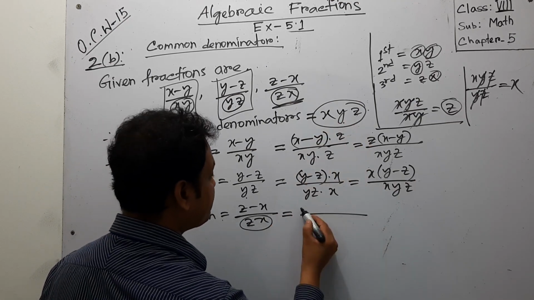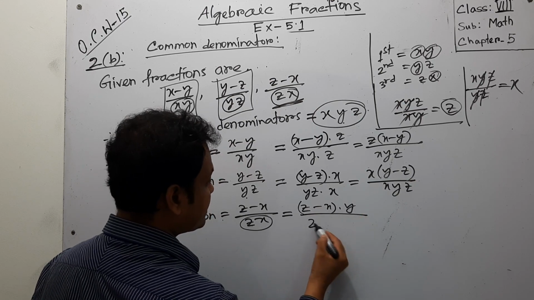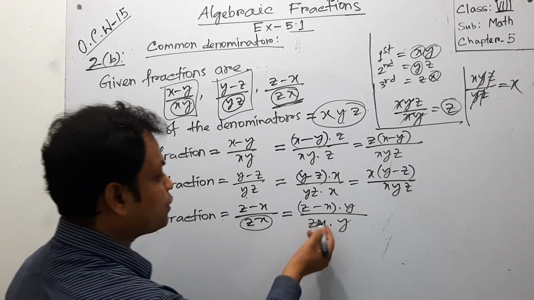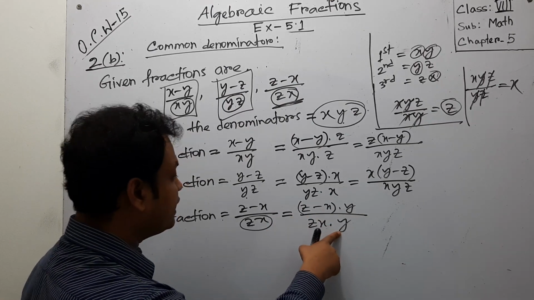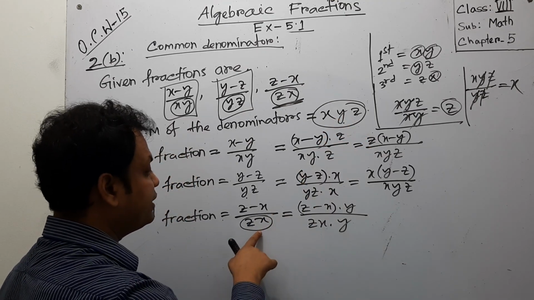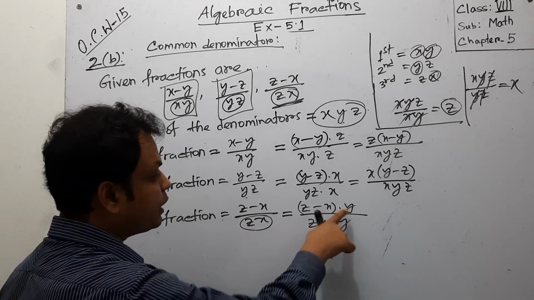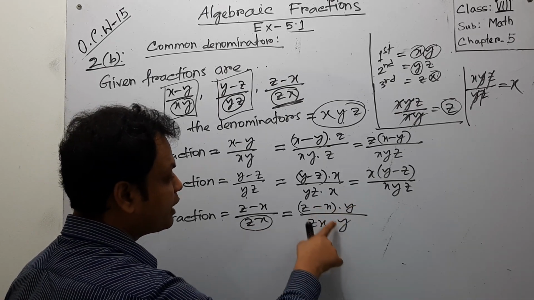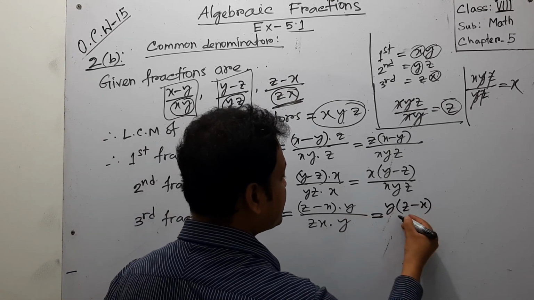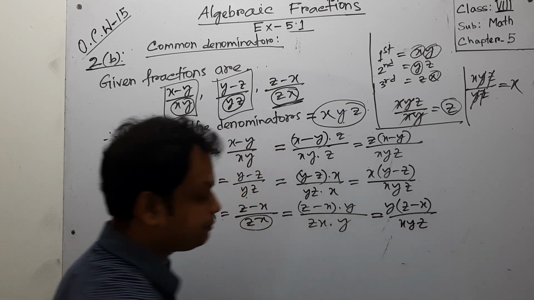So y will be multiplied: z minus x into y, and zx into y. We divided the LCM by the denominator of the third fraction and got y. This y will be multiplied with the numerator and denominator. Now multiplying, we get y into z minus x divided by xyz.